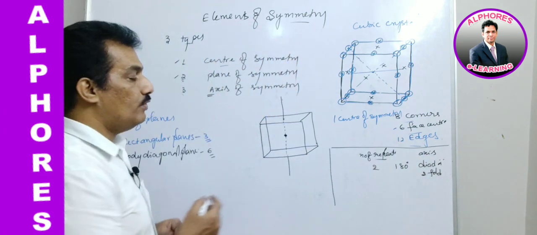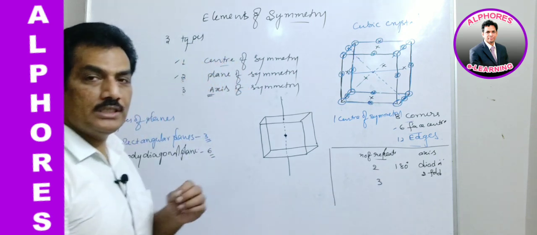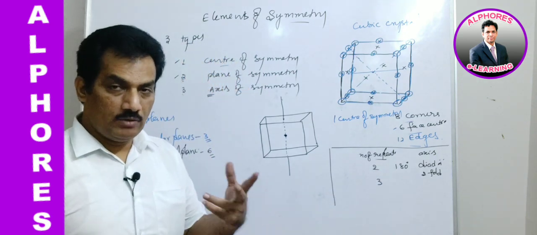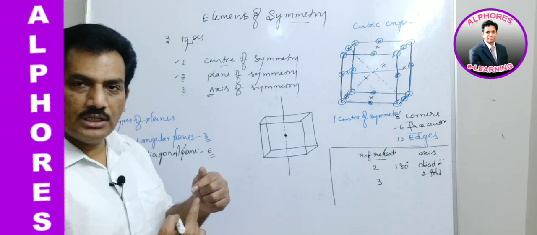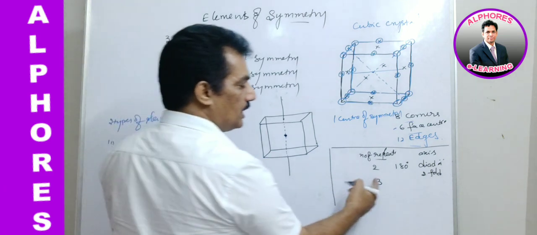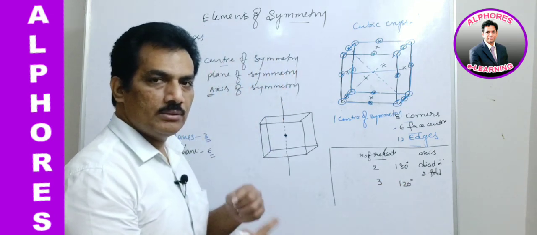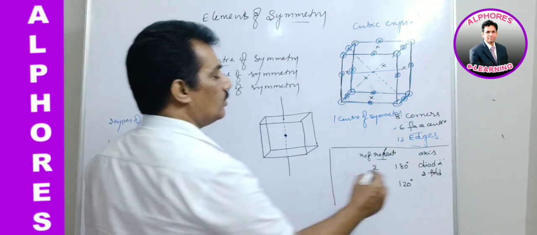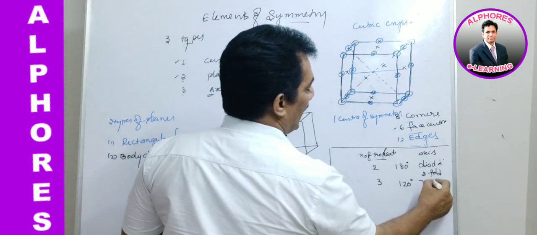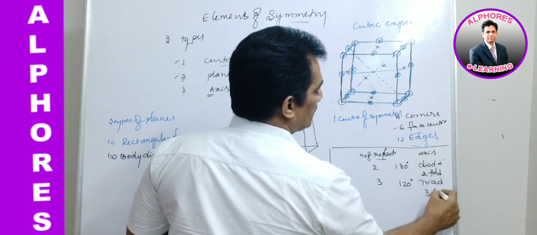If it has 3 similar or original appearances, it exhibits three original appearances when we rotate 360 degrees. Each appearance will happen at 120 degrees, because 360 by 120 gives three appearances. Then it is known as triad axis, or simply threefold axis.